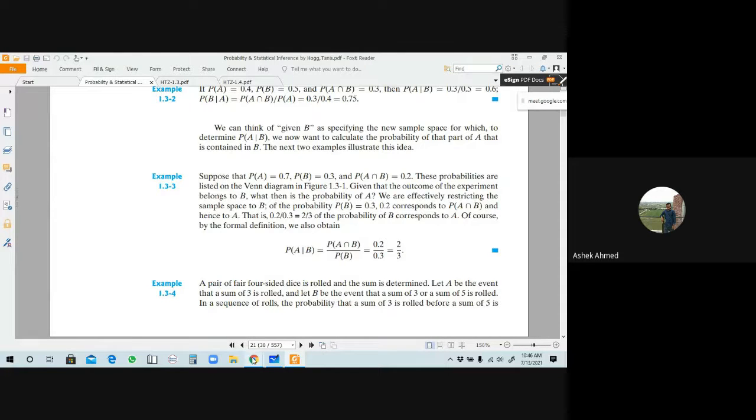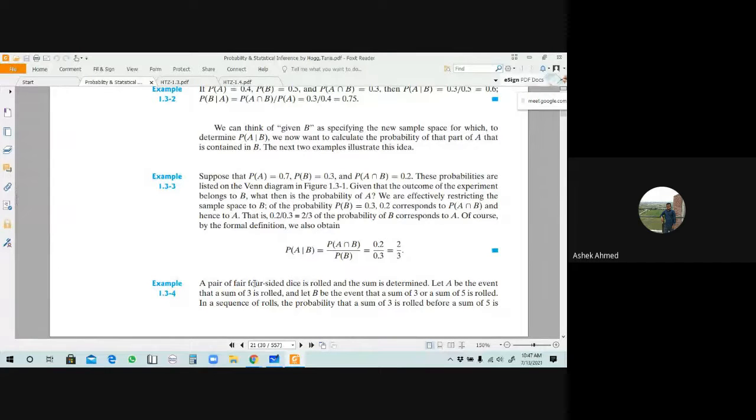A pair of four-sided dice is rolled. What do you mean by this? Pair means, can you say? Respond to me. A pair of four-sided dice is rolled. What do you mean by this? Pair means two, a couple. So a pair of four-sided dice.